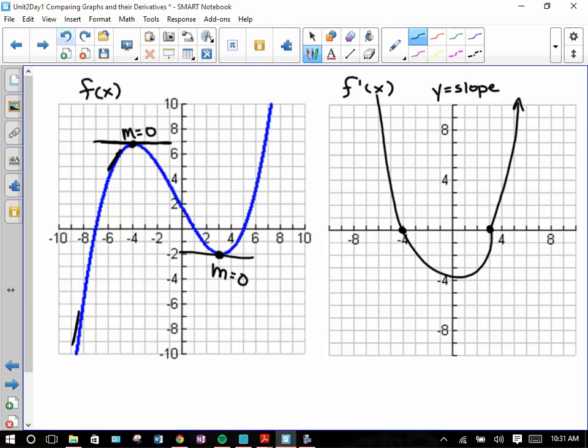From negative 4 to 3, the slope of this line is decreasing, my slopes are negative, and my values here between negative 4 and 3 are also negative. Then I know from 3 to infinity, my slopes are positive, so my y value over here is a positive value.